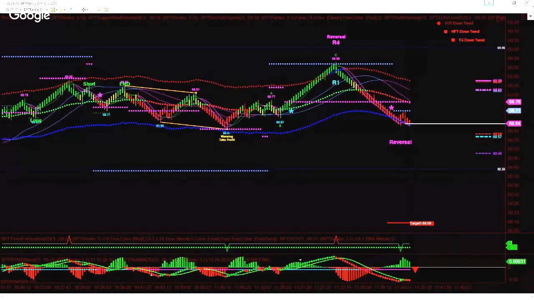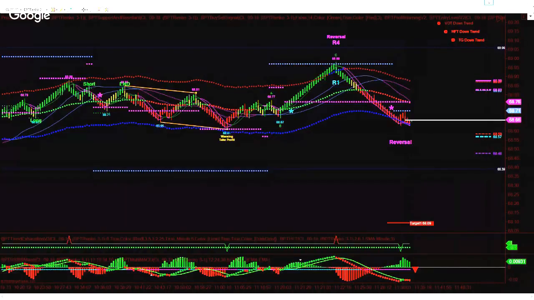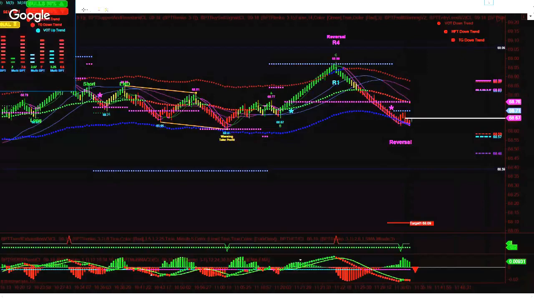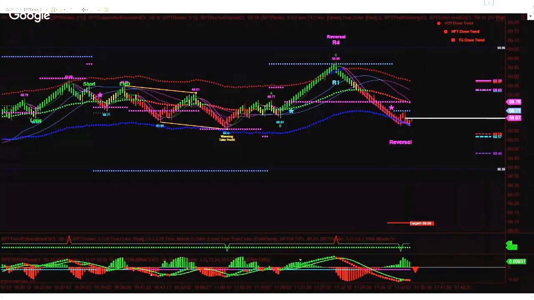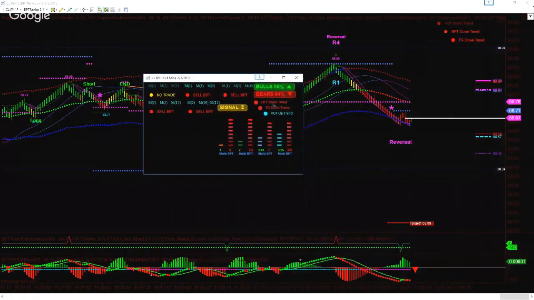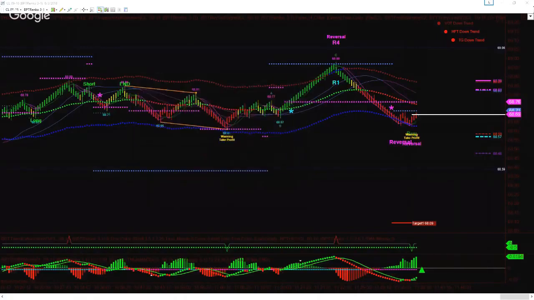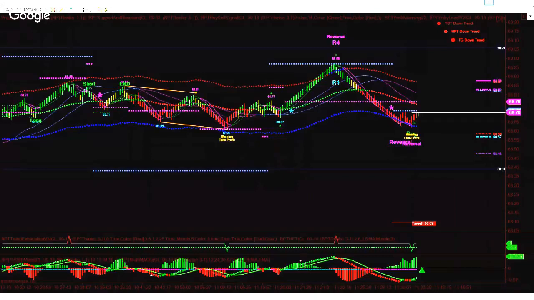It's very simple. Also on this, before I forget, here we have the target downtrend. What is that? Look. Here's a second signal, folks.